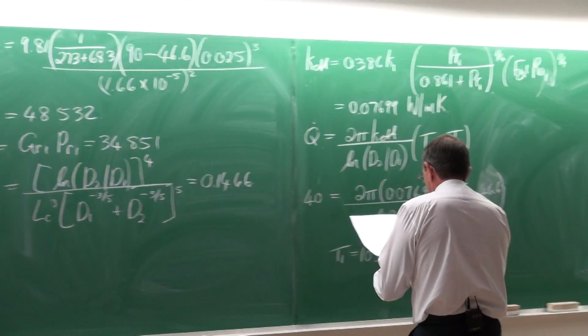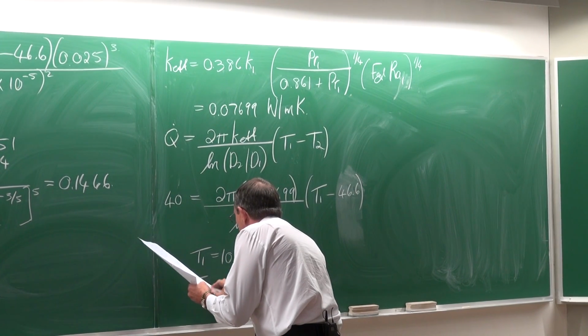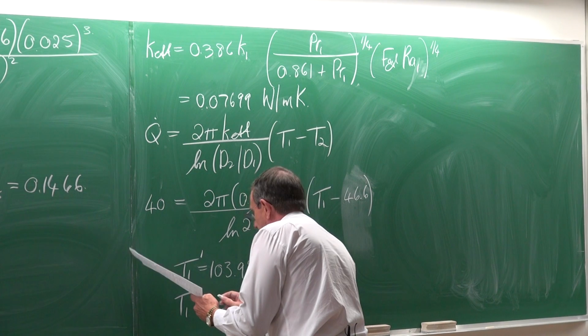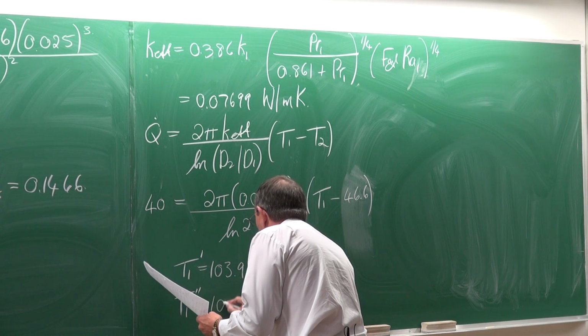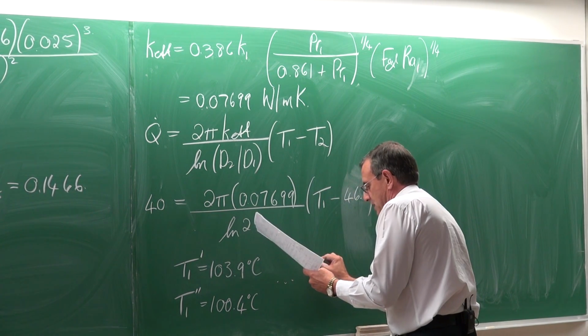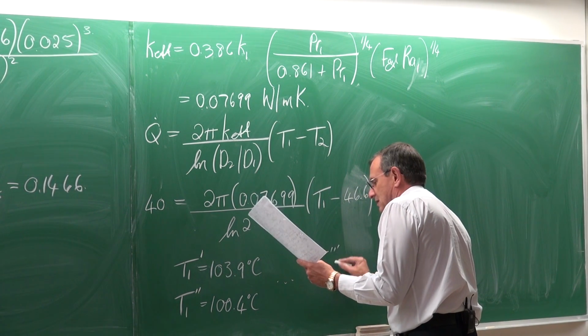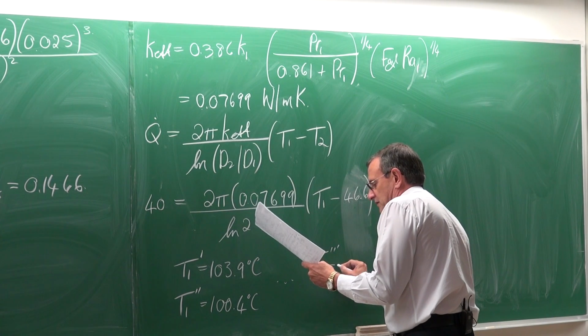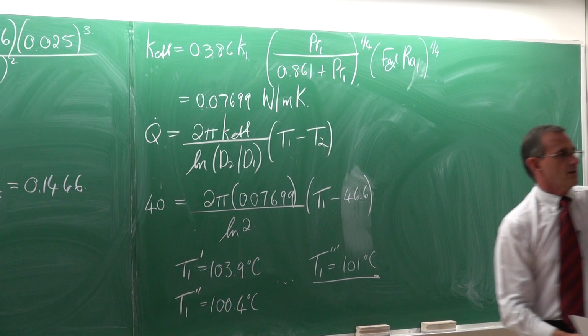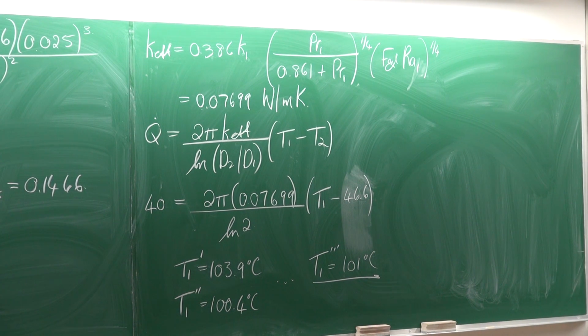Then I got a value of 100.4 degrees Celsius, and it quickly converged, after about the third iteration, to 101 degrees Celsius. So if that water is not under pressure, it's going to boil.